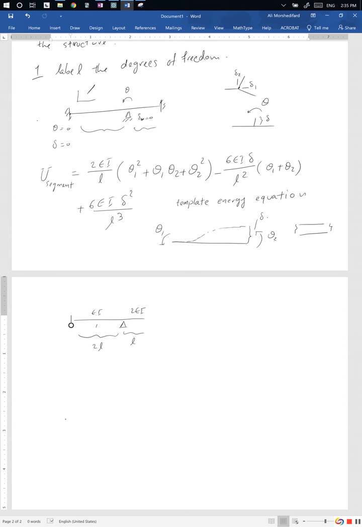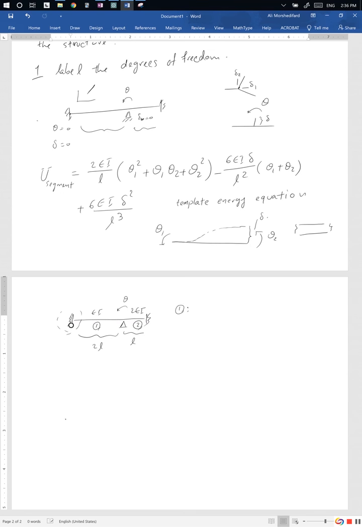Alright, so I call this segment 1, I call this segment 2, and this was fixed. So for segment 1, I want to use this template here, right? So for segment 1, I see that based on the template, theta 1 is 0 because this is a fixed end, right? But theta 2 is actually the value of this state.